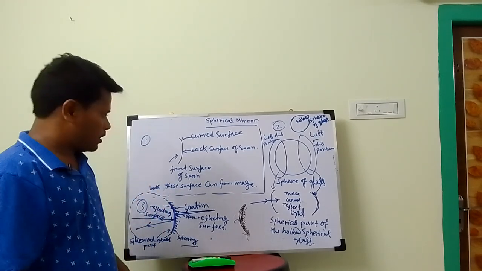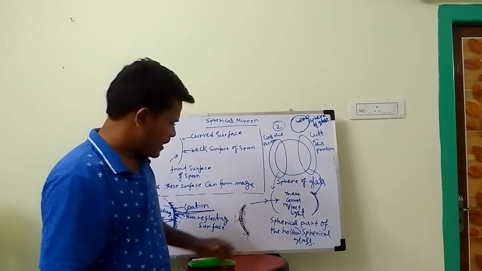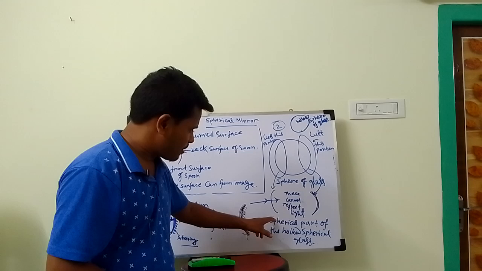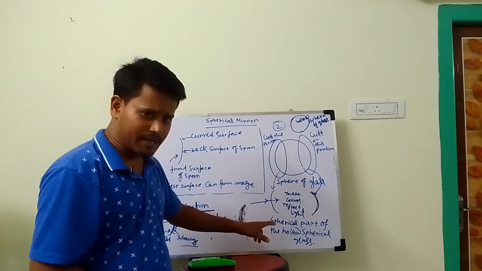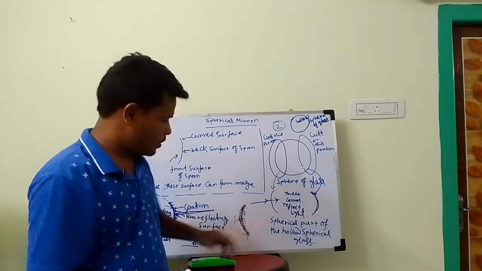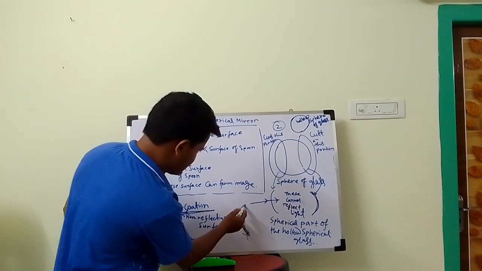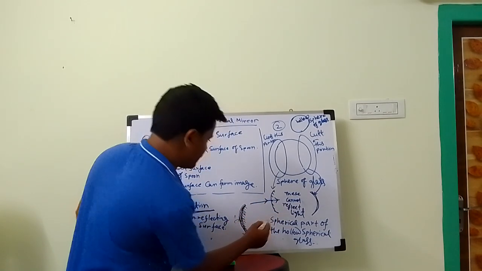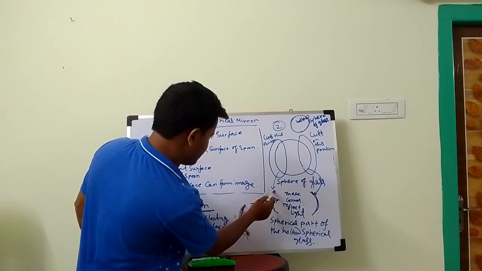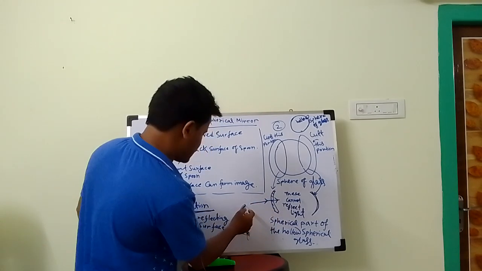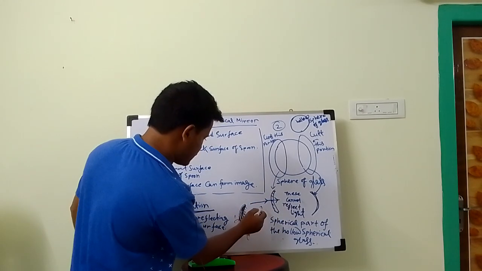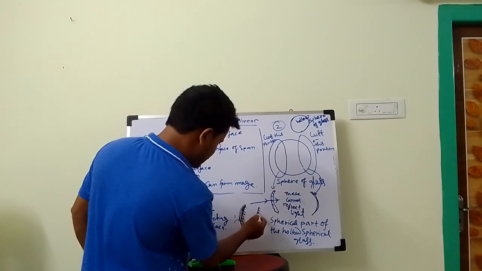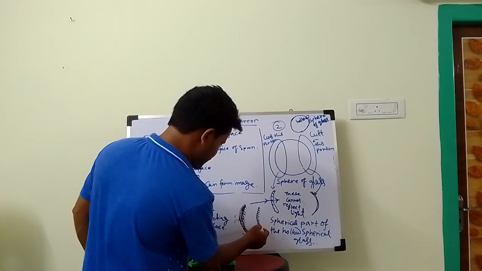Okay. Similarly, if we make this other spherical part a spherical mirror, what will we get? We will get this surface as a coating of black material. This surface, let's redraw again. This surface is the coating of black material.